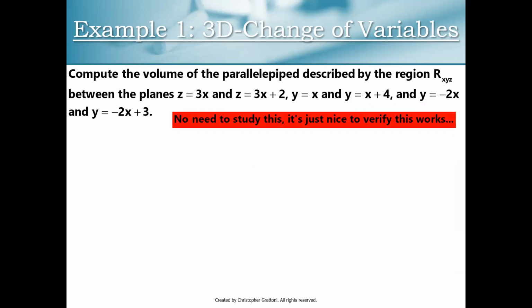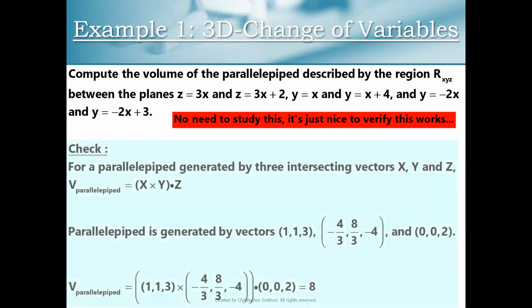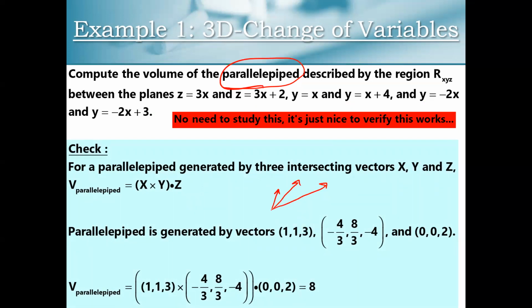By the way, we can verify that 8 makes sense. There's a cool formula using vectors. So it turns out that this parallelepiped can be created by thinking about the 3 different vectors that would make that parallelepiped. You know, I'm not great at drawing these things, but just like a parallelogram is spanned by 2 vectors, a parallelepiped, which I did not draw very well, would be spanned by 3 vectors.